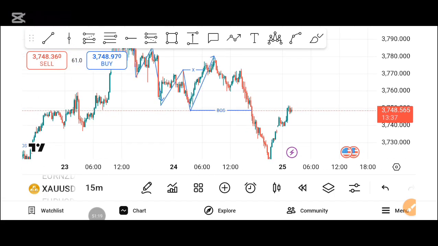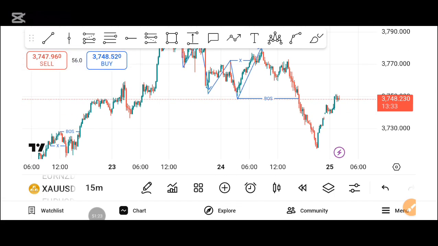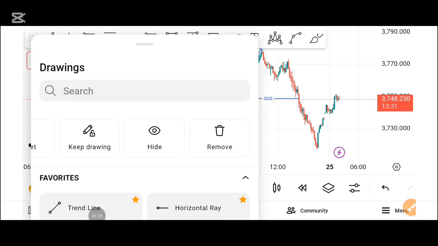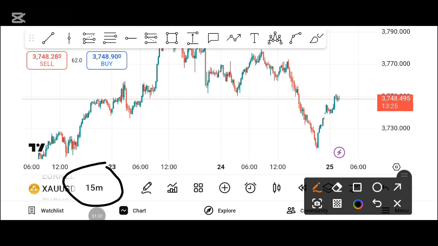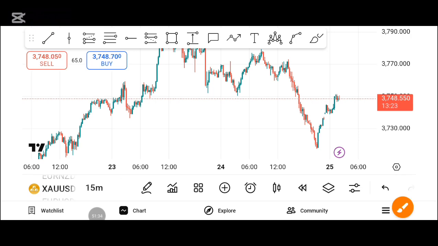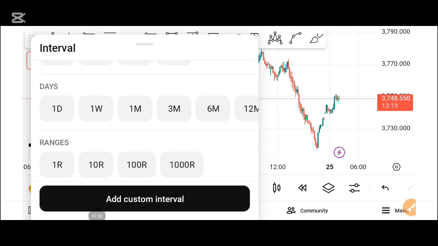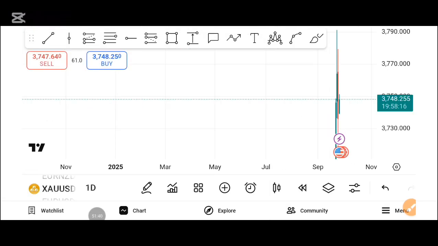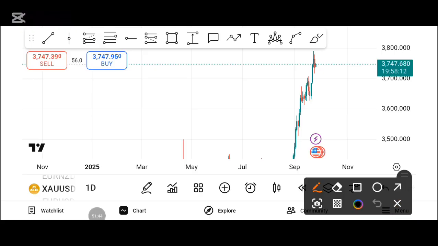So guys, this is the end of this particular class. So the assignment is very simple. Just go to your charts, go to your 15 minutes. If your chart is showing you daily candle, the daily time frame, you can change it by clicking on this time frame.